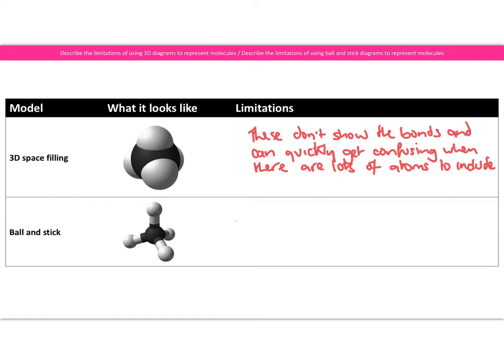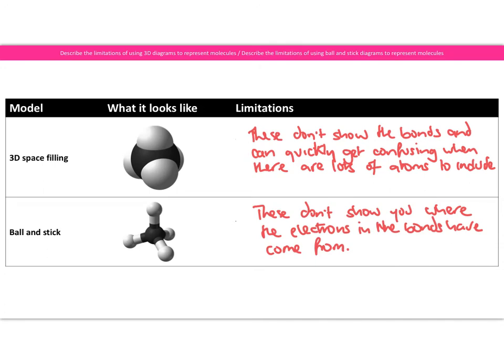And their limitation isn't the biggest. It's simply that they don't show you where the electrons in the bonds have come from. That's not the worst thing in the world. And in a sense, they're a bit like a displayed formula. They're actually like a three-dimensional displayed formula. But we have to acknowledge that limitation, basically.